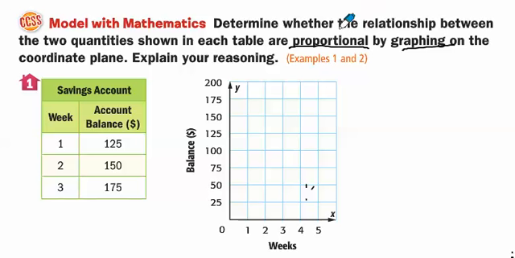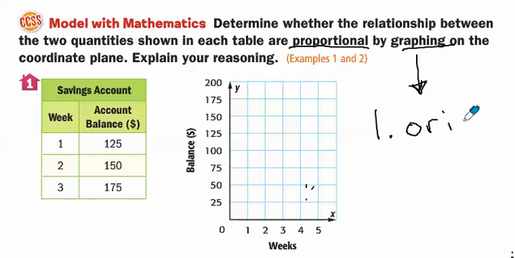Now remember, proportional means we have a series of patterned behavior. It's predictable, the same thing happens every time. So if we want to graph this to see if it's proportional, we've got to remember what we said in class. When we graph and it's proportional, we're looking for two things to happen. The number one thing we want to see is the line start at the origin.